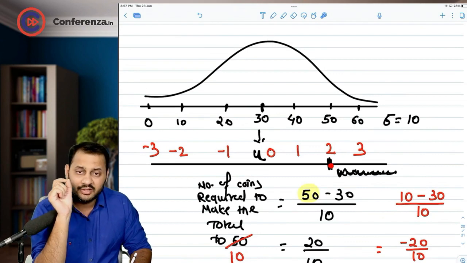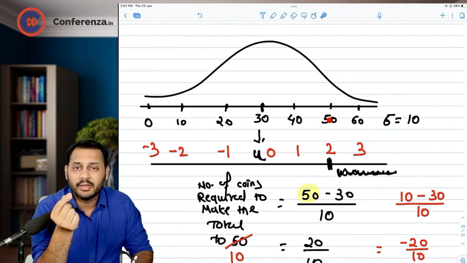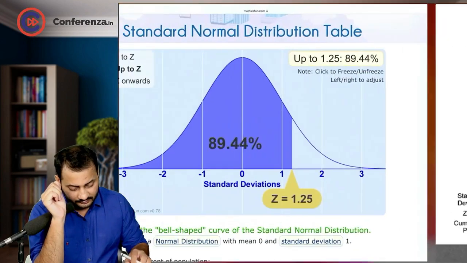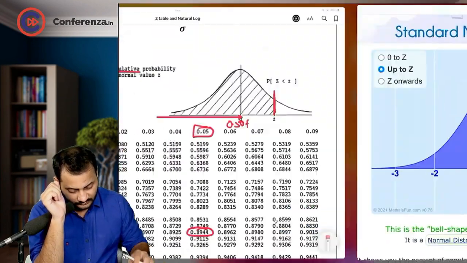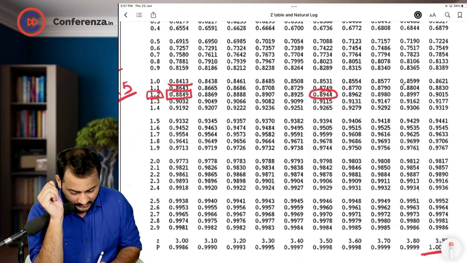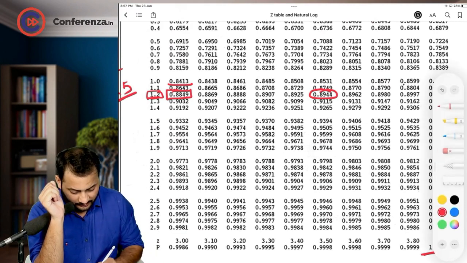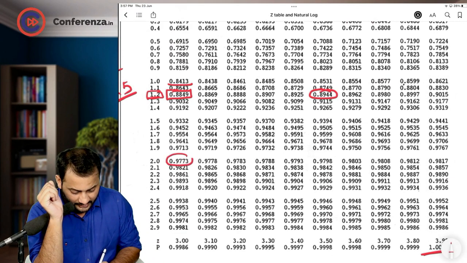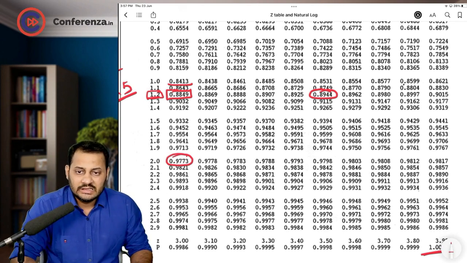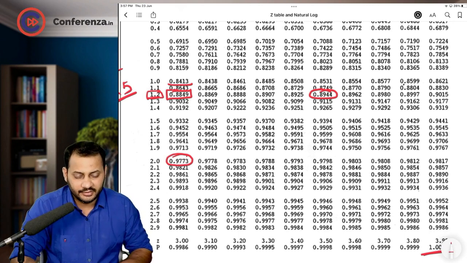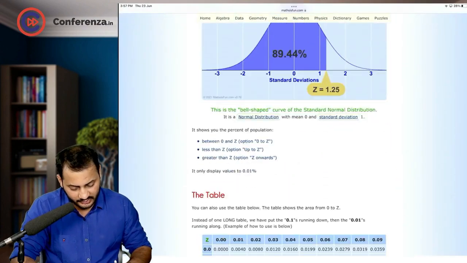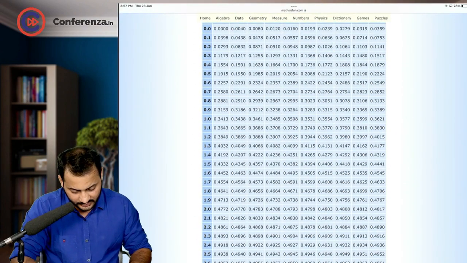Means the probability of at least 2 can be applied to the probability of at least 50. If you go to the diagram here, and if you will see that the probability of at least 2 comes to 0.9773. Instead of that, we will just find out here from the single table, not the cumulative one. We will just take the answer from here.